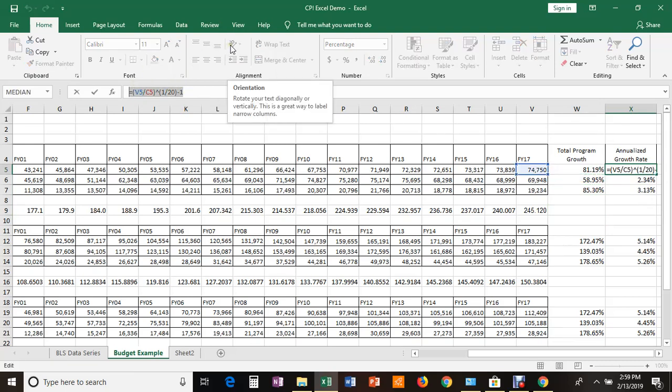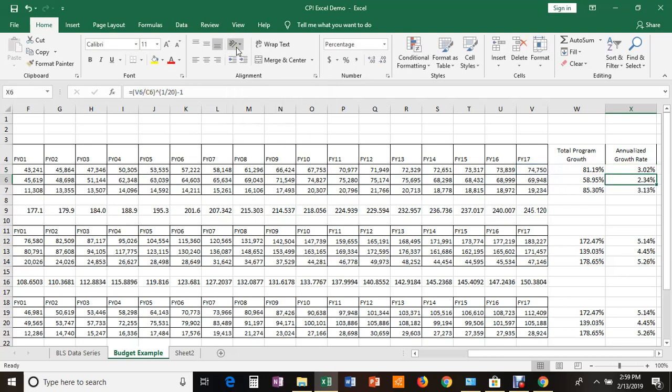And that formula says you take the last period over the first period, in parentheses, you raise that to the power of 1 over the number of periods, so there's 20 periods in this, minus 1. And that gives you the annualized growth for that.